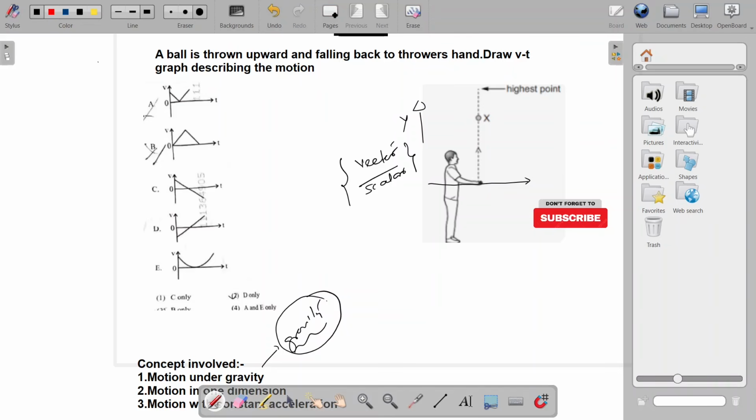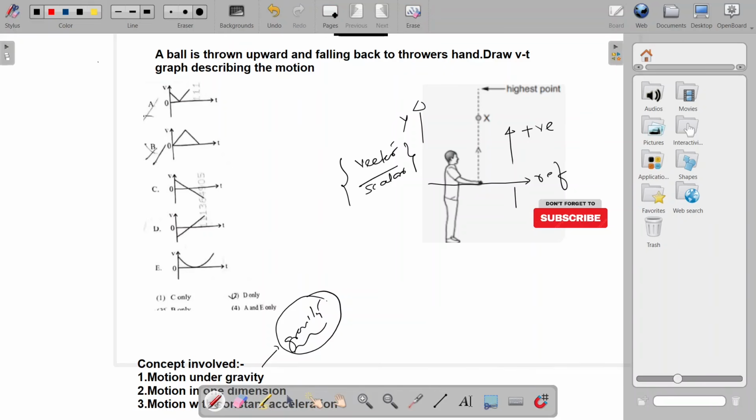Vectors and scalars are differentiated by their directions, so whenever you consider a vector quantity, you need to consider its direction also. If I consider the hand of this man as a reference level, then the upward y direction we can consider positive, and downward negative. You can consider it otherwise also.